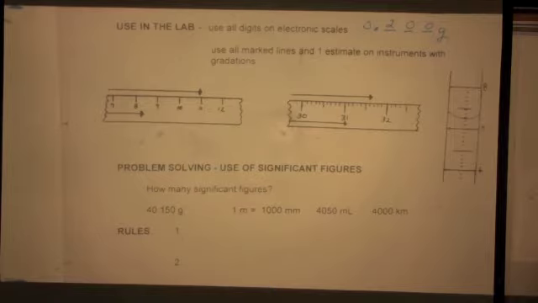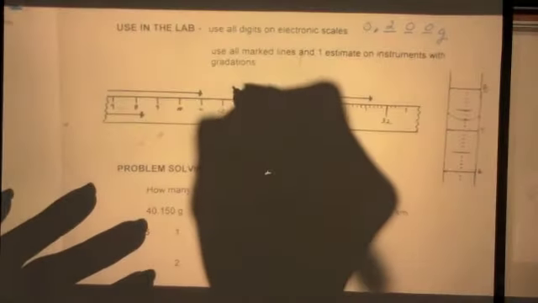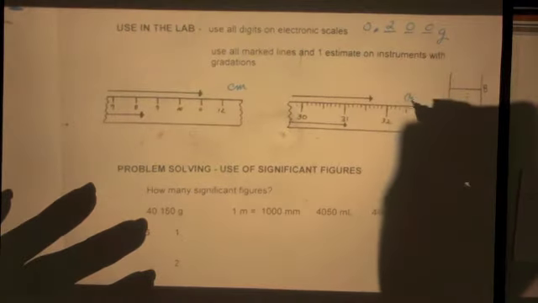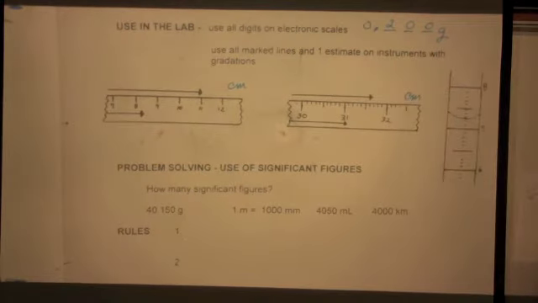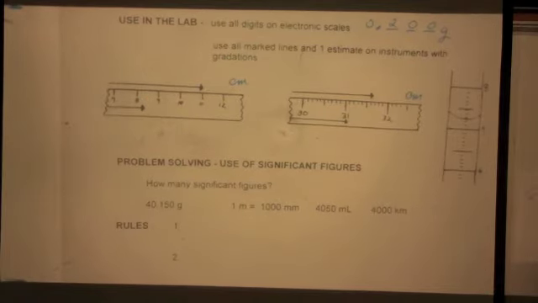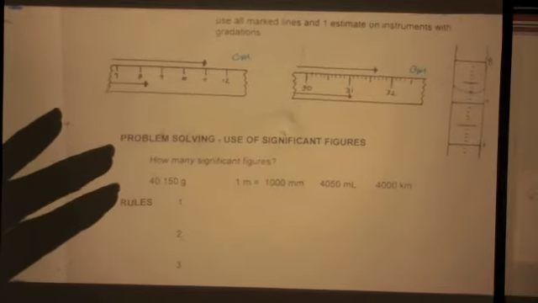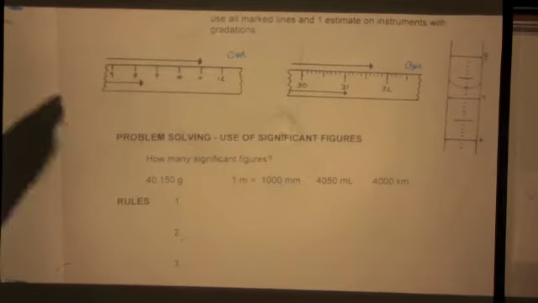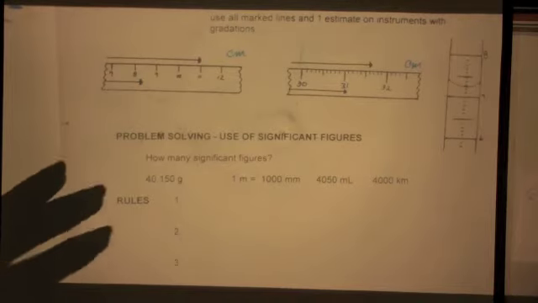Now, we rarely would use the customary units, so I am absolutely certain that these are both centimeter rulers here. You want to use your marked lines as your known value and one estimated value. So let's just read our measuring devices to the correct number of sig figs.